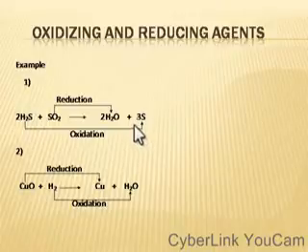So hydrogen sulfide there donates 2 electrons to sulfur 4 oxide. On the other hand, sulfur 4 oxide accepts the electrons and becomes reduced.